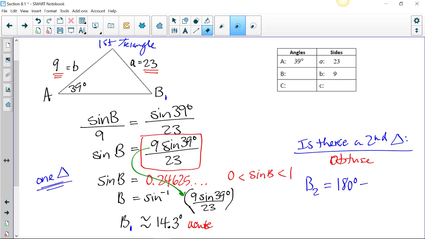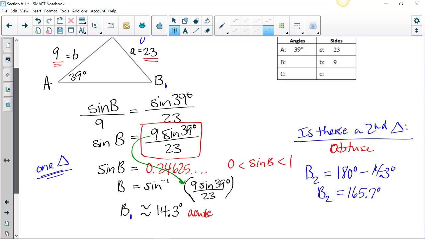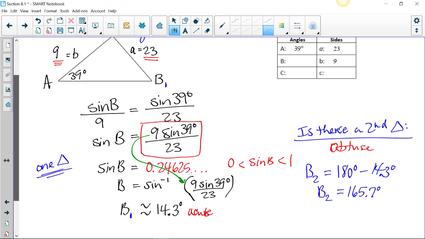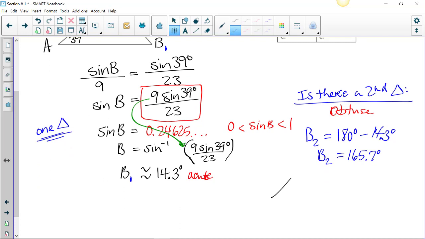So we subtract 14.3 from 180. The obtuse angle we would get comes out to be 165.7. So what I'm trying to figure out is, if I have this triangle, just a quick visual, if this is A and this is B, and this is 39, could this angle B be 165.7?